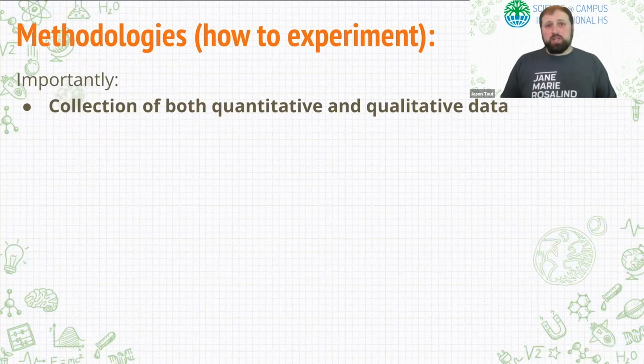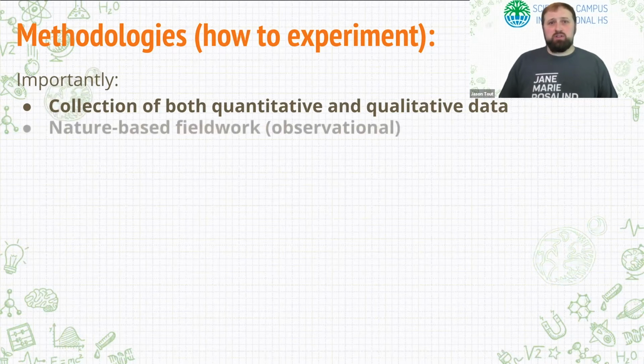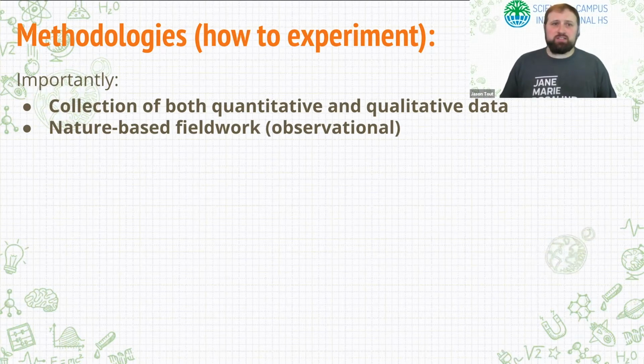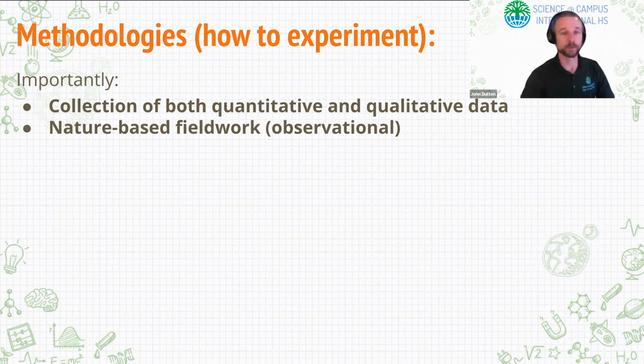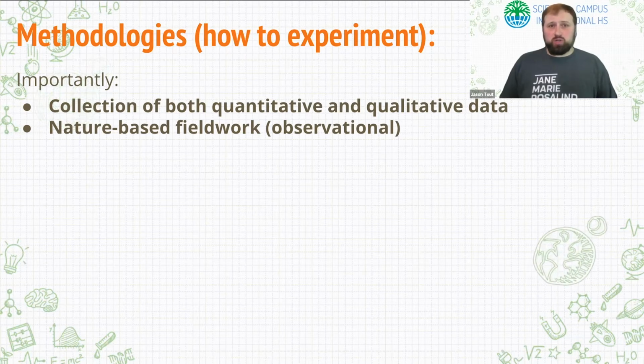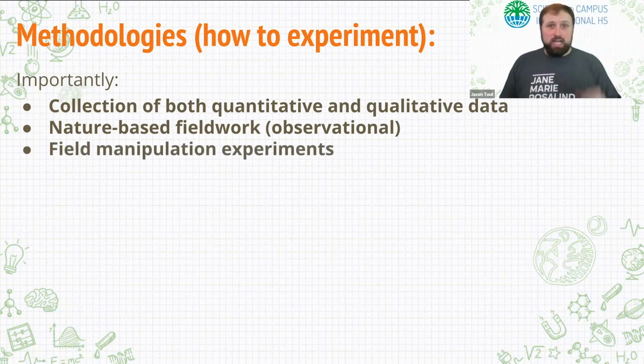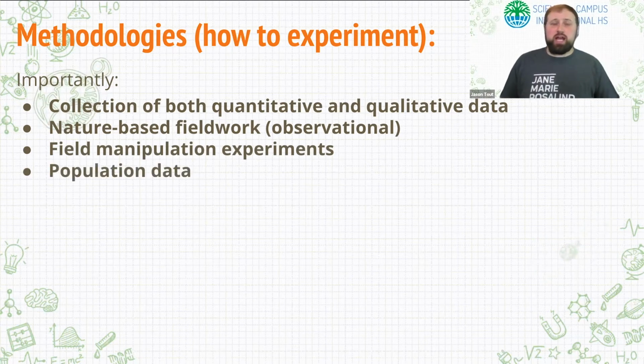You are going to be collecting both quantitative and qualitative data. That is numbers and data that you would collect with the 5 senses. There are a lot of ways you can collect that data. You can do nature-based field work where you go out into the field and observe the world around you. You can do field manipulation experiments where you're collecting data from a variety of places around Cleveland and even outside of Cleveland.